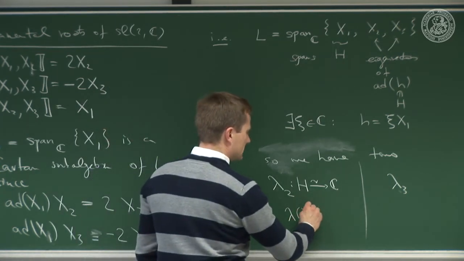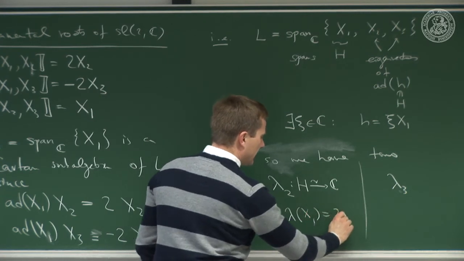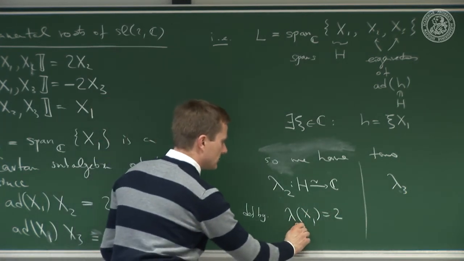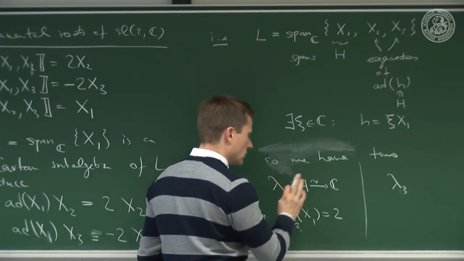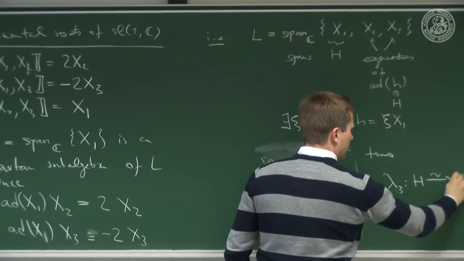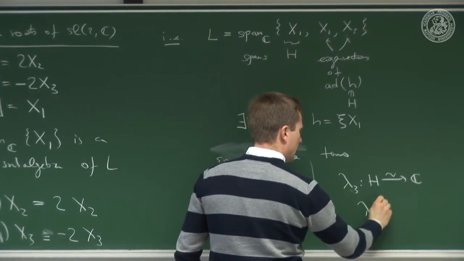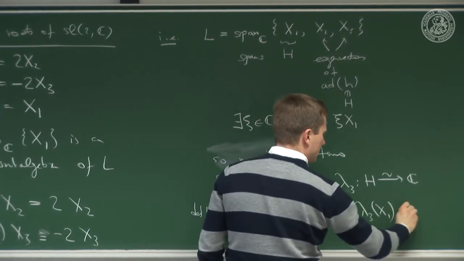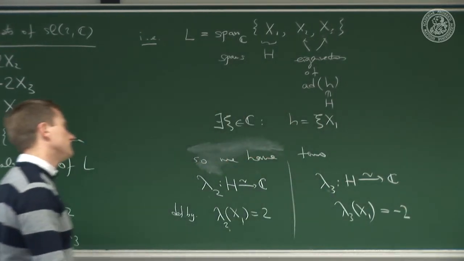In a one-dimensional vector space, the basis is just x1. We define lambda 2 of x1 to be 2. And lambda 3, also a linear functional, is defined by lambda 3 of x1 being minus 2.